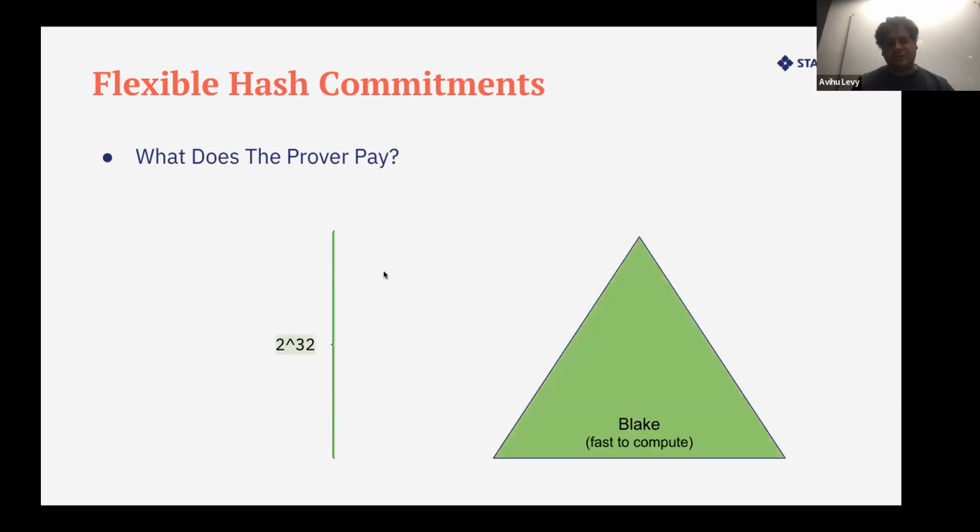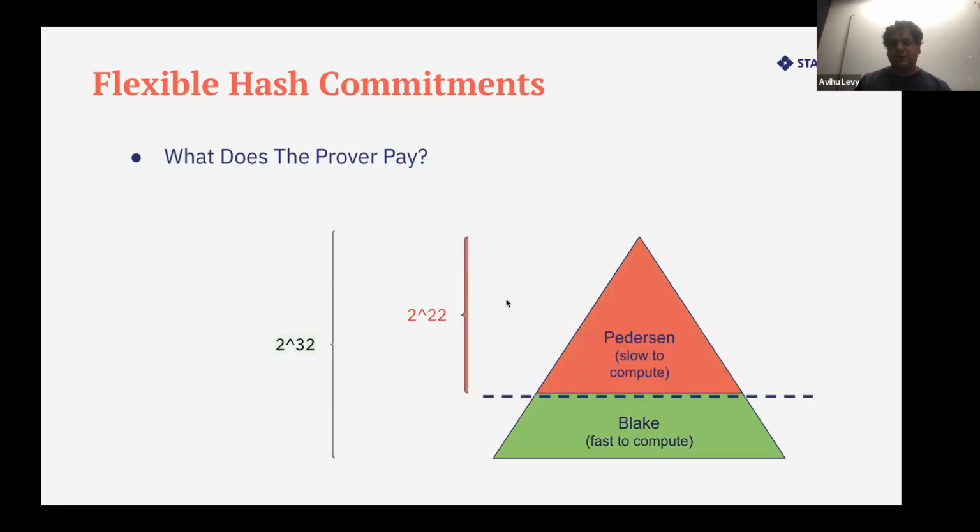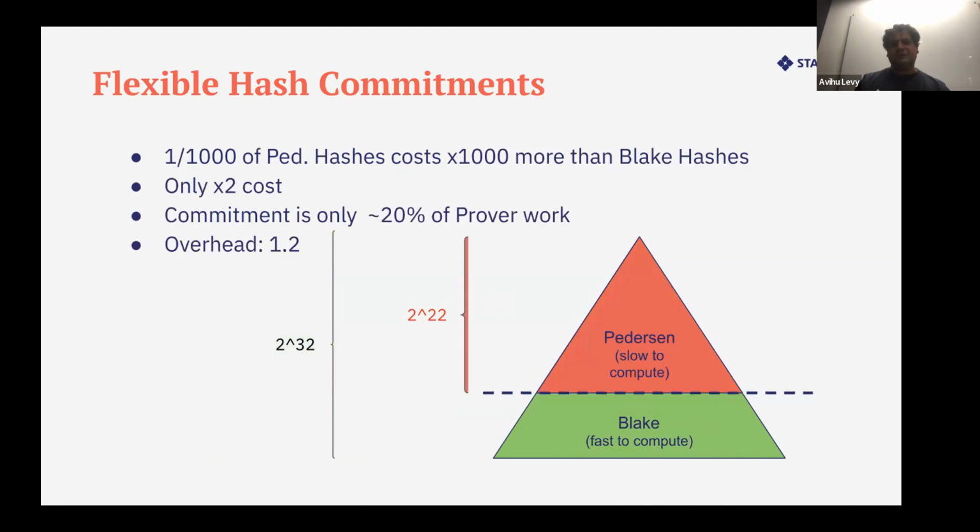So an example with numbers, for the prover, let's say that we have 32 layers. Previously the prover did a pretty fast computation using Blake, and now we switch 22 layers to be Pedersen, so it's slower to compute. Let's say that computing Pedersen is 1,000 times slower than Blake. We still replaced only 1 out of 1,000 hashes in the tree.